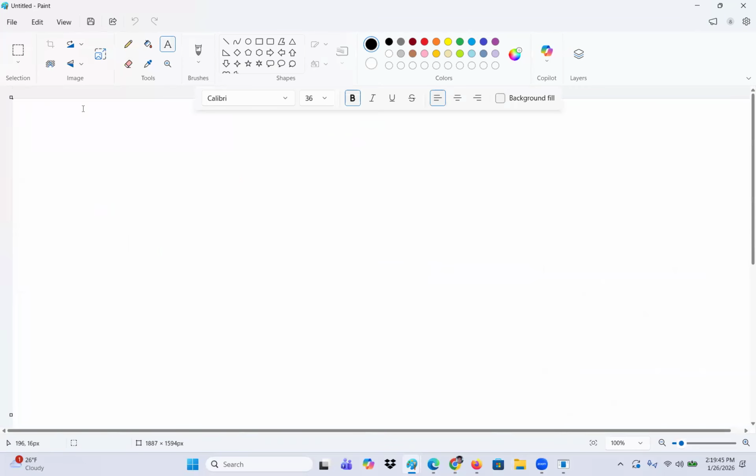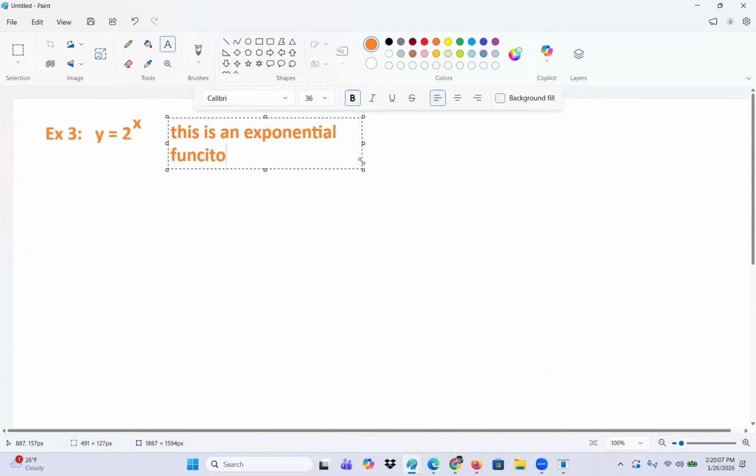In a later chapter, you might see some functions like that. For example, example 3, y equal to 2 to the x. This is an exponential function, and this is a function.